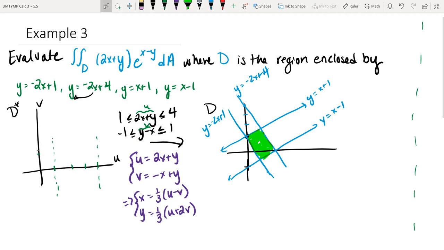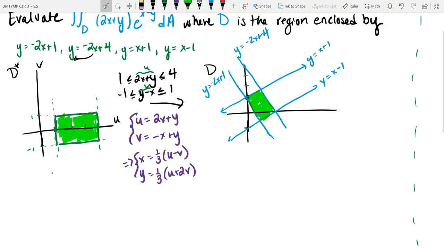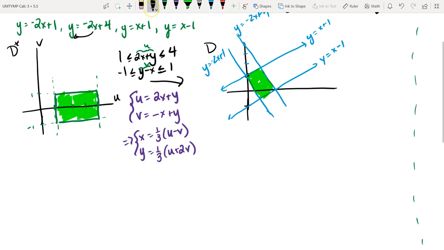Then I have dash lines there, dash lines there. So really I'm looking at this space in here, and that's going to be my D star region.